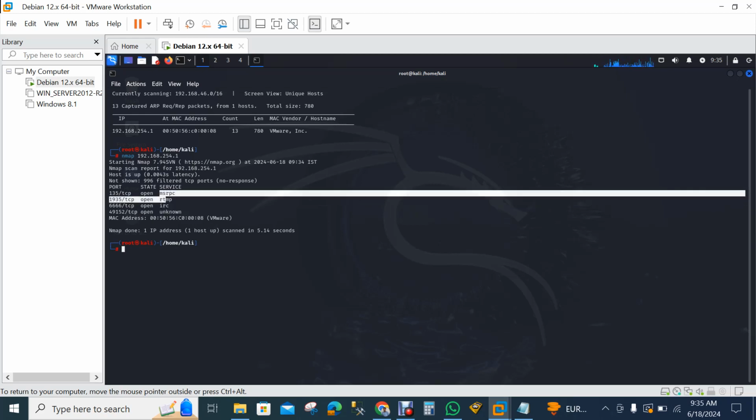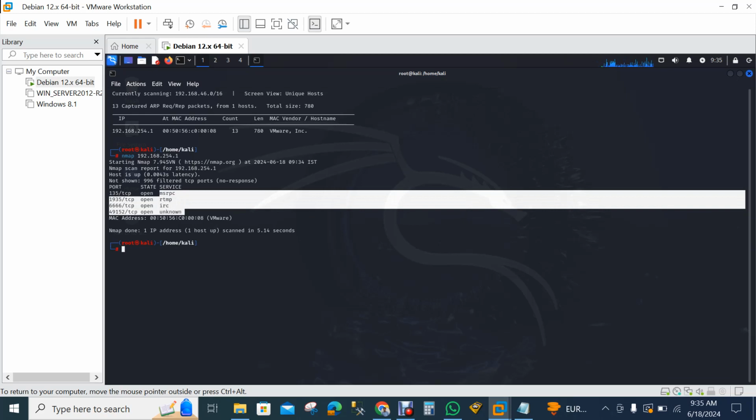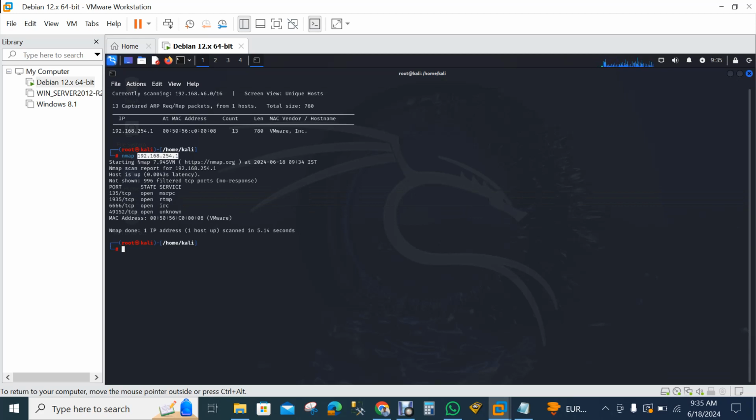With this vulnerability, we can make attacks on this network address. It shows us the state and service: MSRPC, RTMP, IRC, those are very weak services. So after knowing their weakness, we can do some attacks on this IP address.